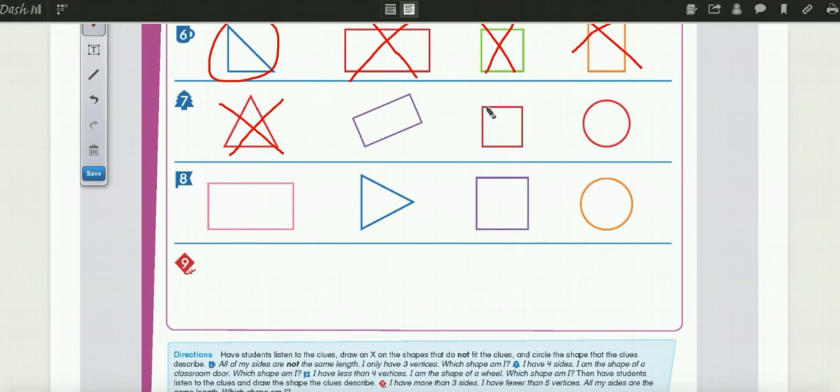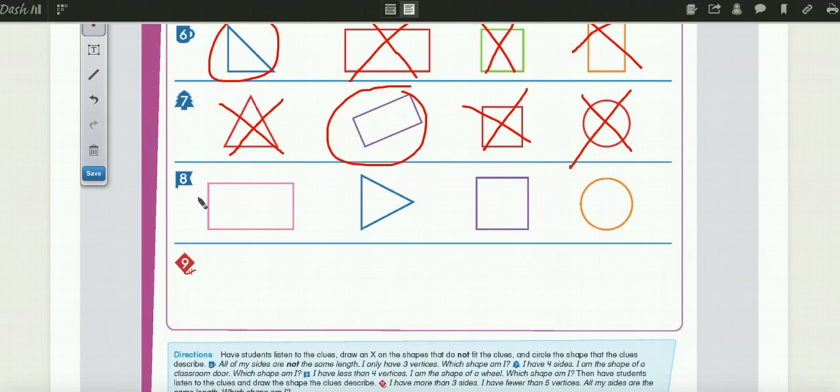It has 4 sides, but does a classroom door look like this? No. What about this? No, it does not have 4 sides. So our shape is a rectangle.